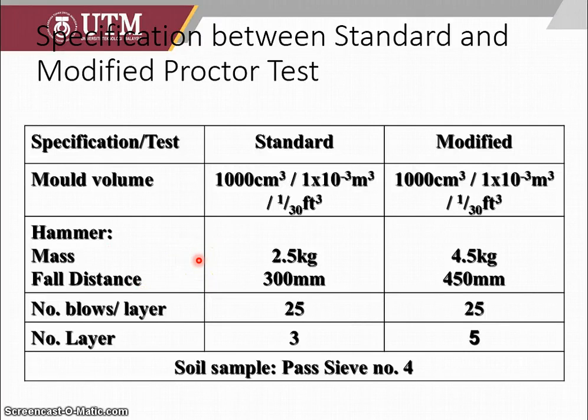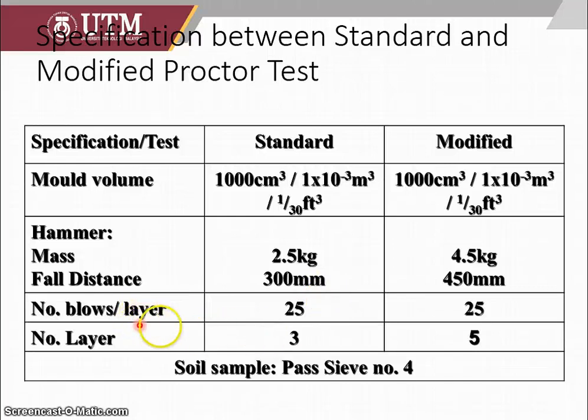It's not pushing the hammer, but a free fall of the hammer. The weight is 2.5 kilograms with a fall distance of 300 millimeters. However, during this demonstration, I will show you an automatic standard Proctor that we recently have in our laboratory.